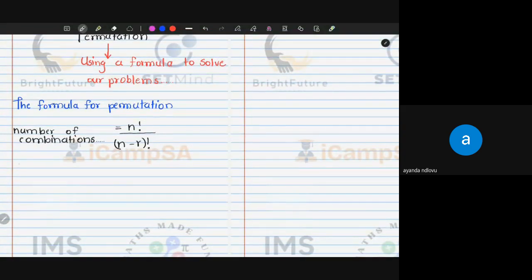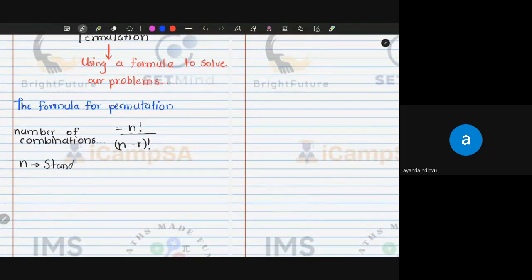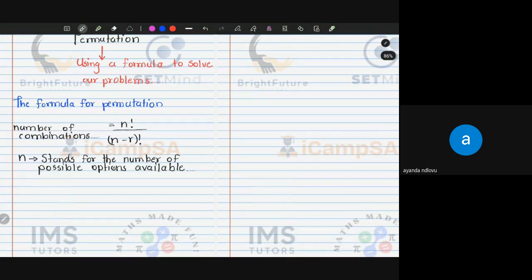So our n, very importantly, stands for the number of possible options available. In our case, you remember the case of saying we have 6 numbers and whatnot. That would be an example.